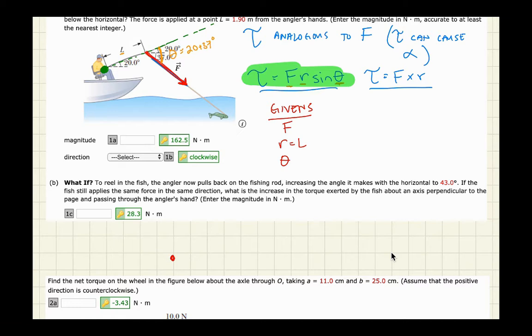I'm going to have the same pivot point, but now this angle up between the pole and the horizontal is now 43 degrees. Now, the fish applies the same force in the same direction. Suppose that still means 37 degrees below the horizontal.